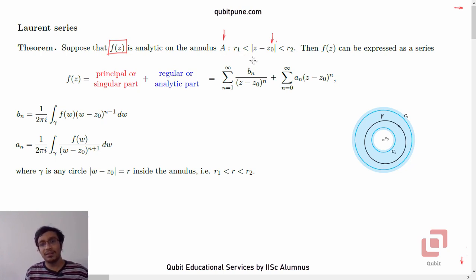Note that this is an open region, meaning it doesn't have any boundary. If it had boundaries, then we would have put the signs of less than or equal to.